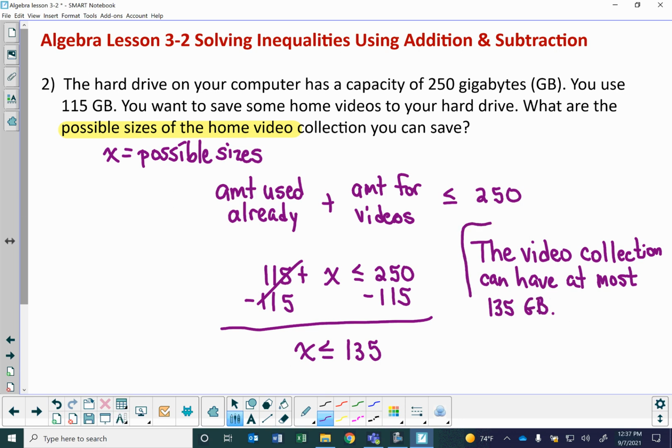Okay, and it doesn't really matter how you write it in words as long as everybody understands that you could have 135 gigabytes or less. You could actually even write it that way.